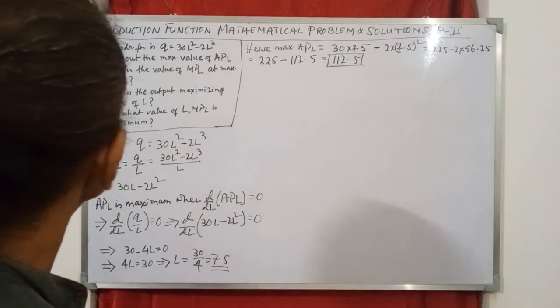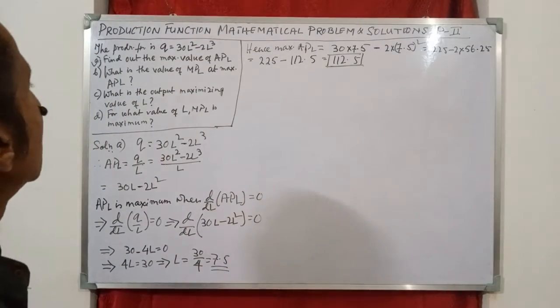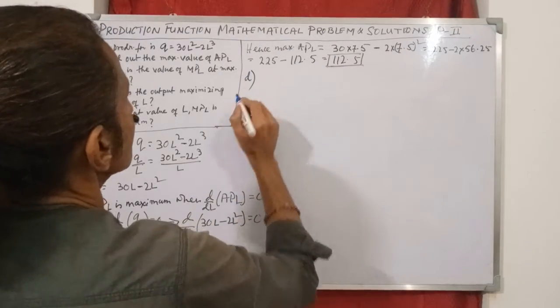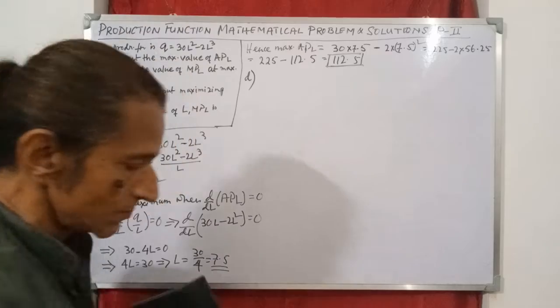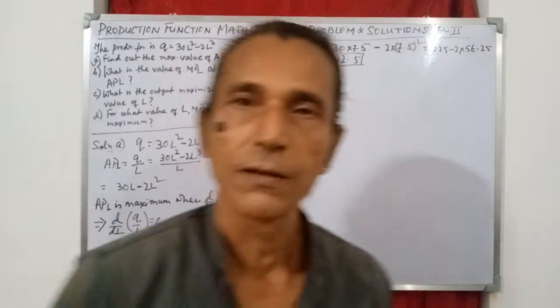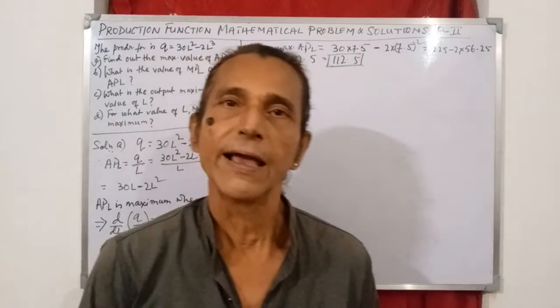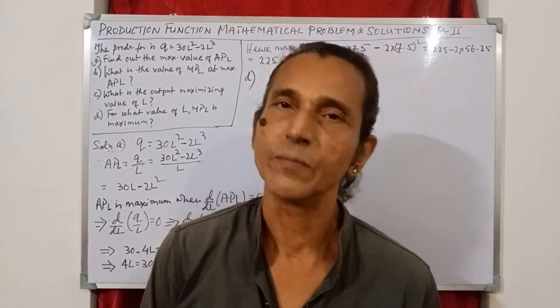Now come to part B. What is the value of MPL at max APL? We know that when APL is maximum, MPL becomes equal to APL.